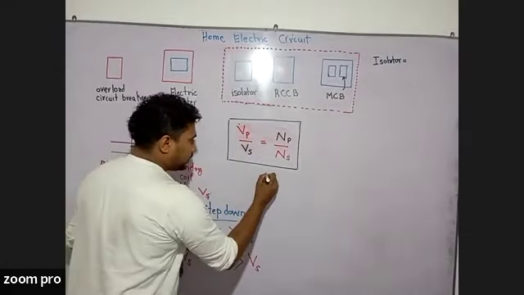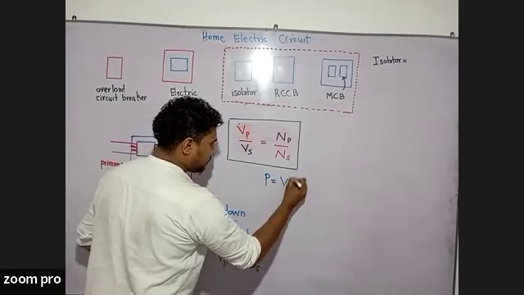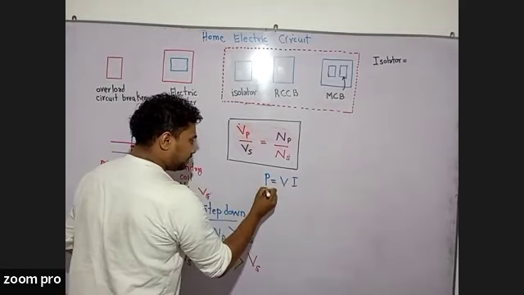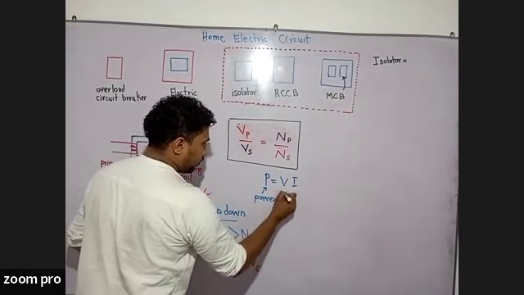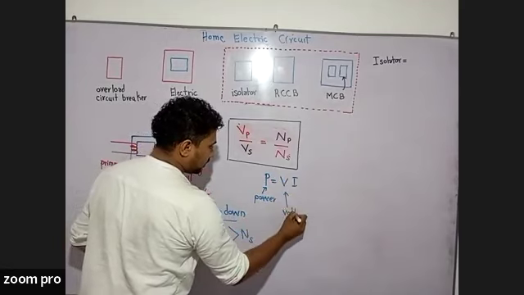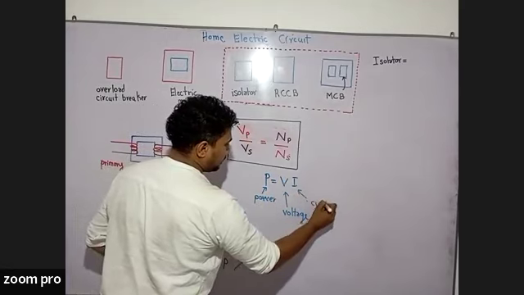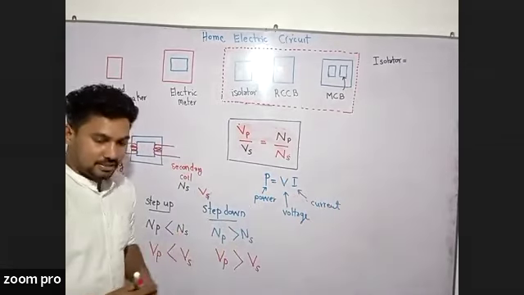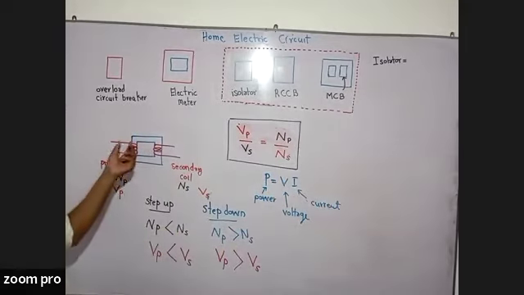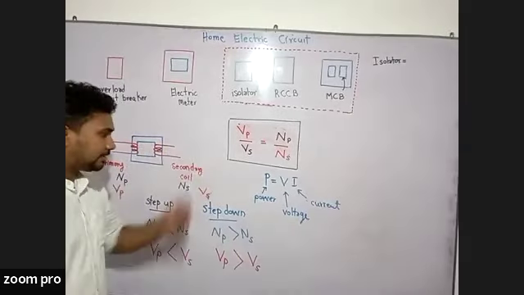You might be familiar with this equation: power equals voltage into current, right? According to the theory, the power of the primary coil equals the power of the secondary coil.